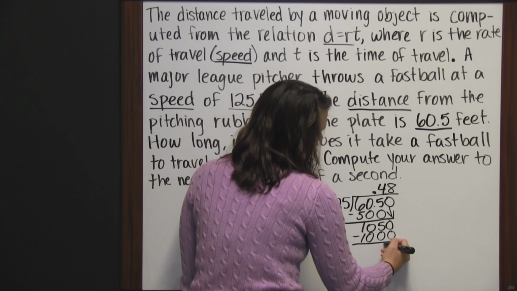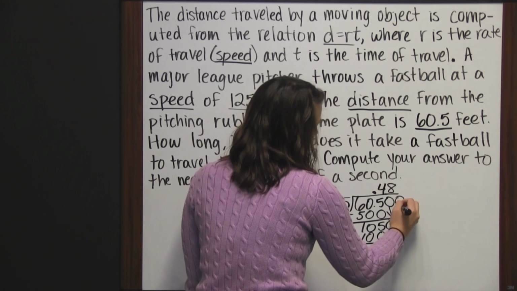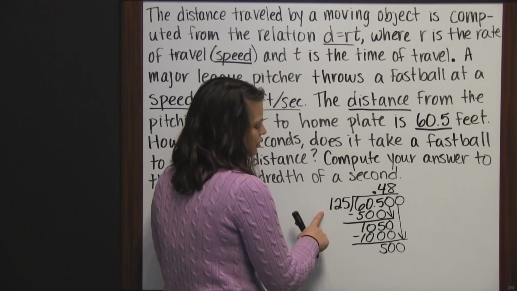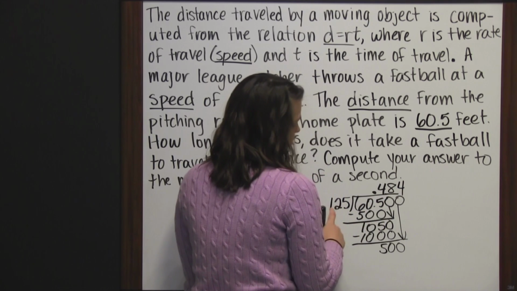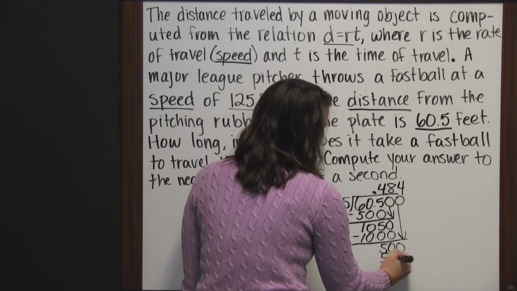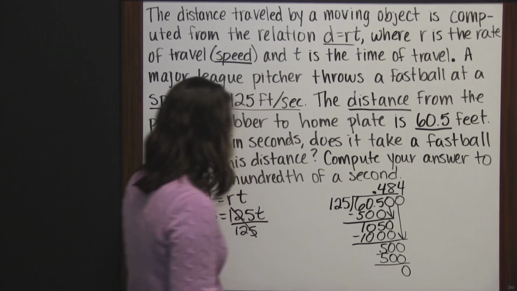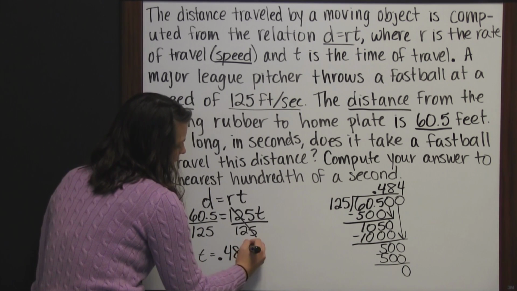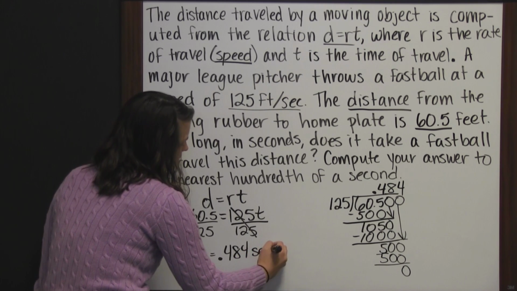We subtract that and we get 50. Add another 0, bring it down. And 125 goes into 500 4 times. 125 times 4 is 500. Subtract and you get 0. So that means that the time would be 484 thousandths seconds.